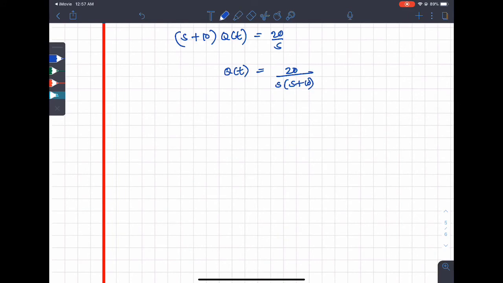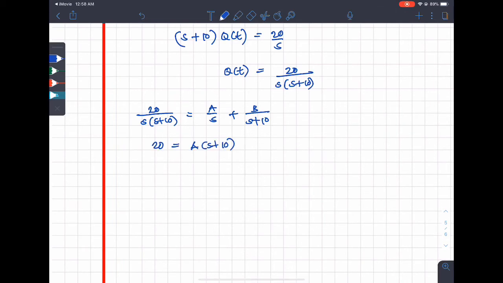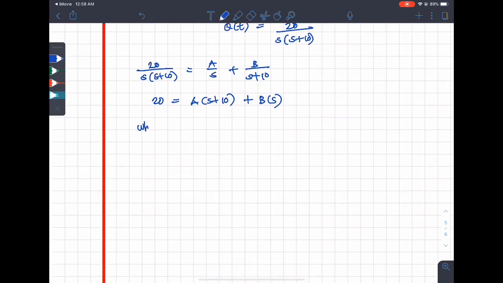And applying partial fractions, 20 over s(s+10) is equal to A over s plus B over (s+10). So 20 would be equal to A(s+10) plus B times s. Finding the value of A, when s is equal to 0, we have 20 equals A times 10, so A is equal to 2.